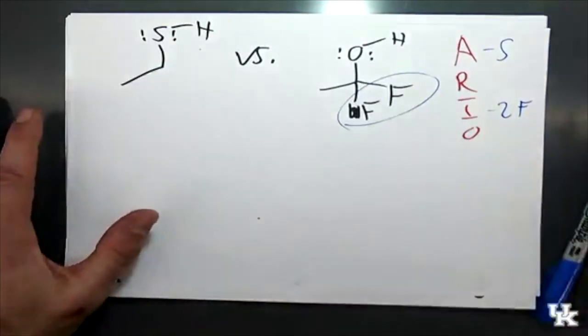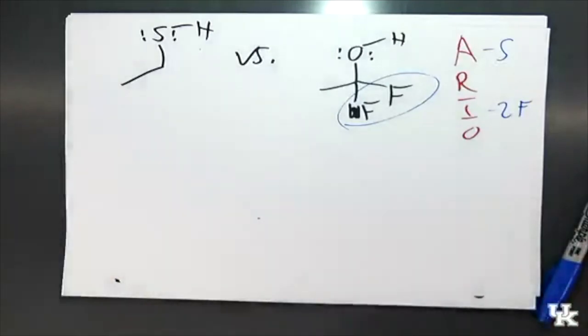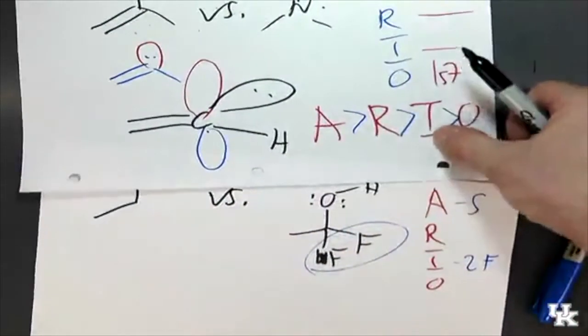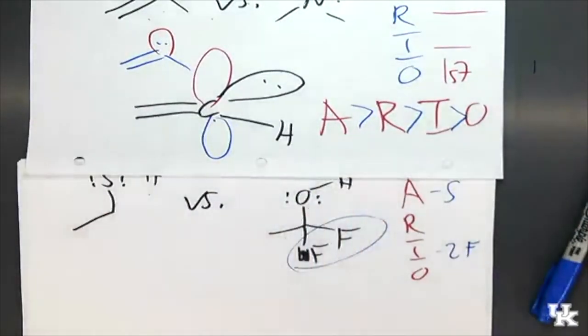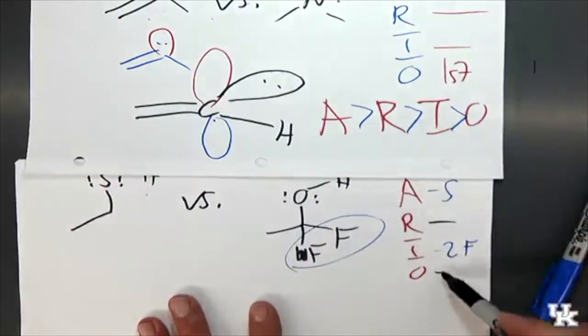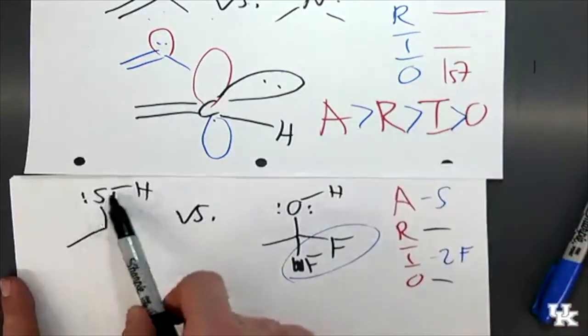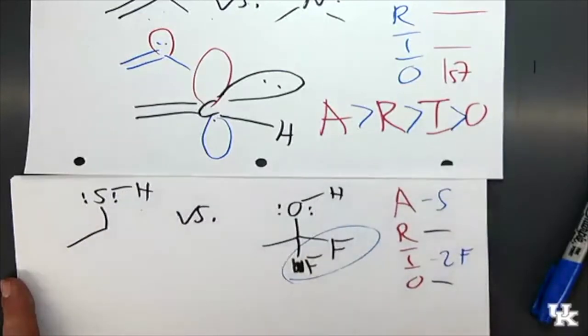Okay. So because in ARIO, every time we make an assessment, we go through the list, ARIO. Neither of them have resonance, and the orbital is the same for both because they're both in sp2 3 orbitals, right? sp2 3 orbitals on that hydrogen.